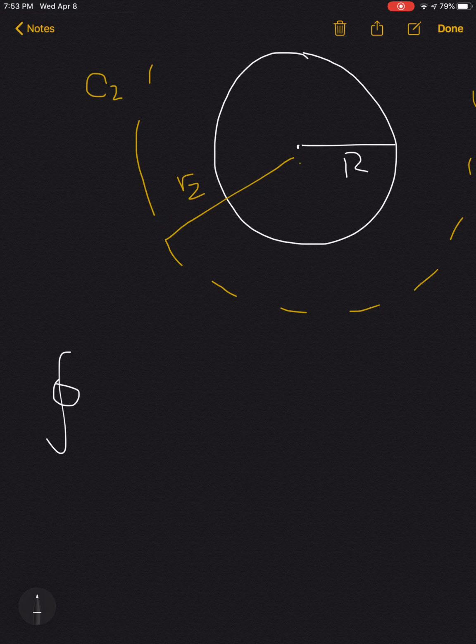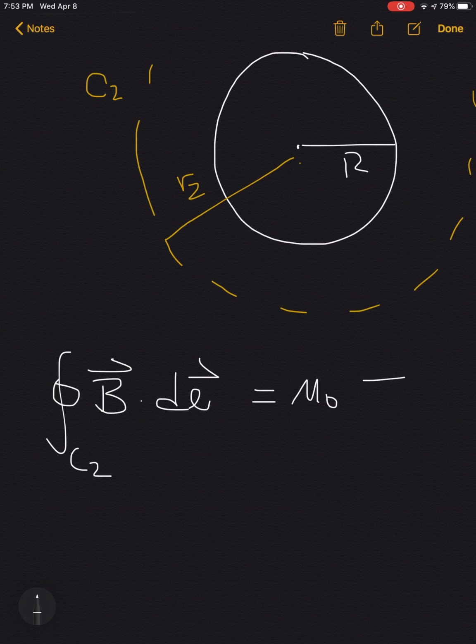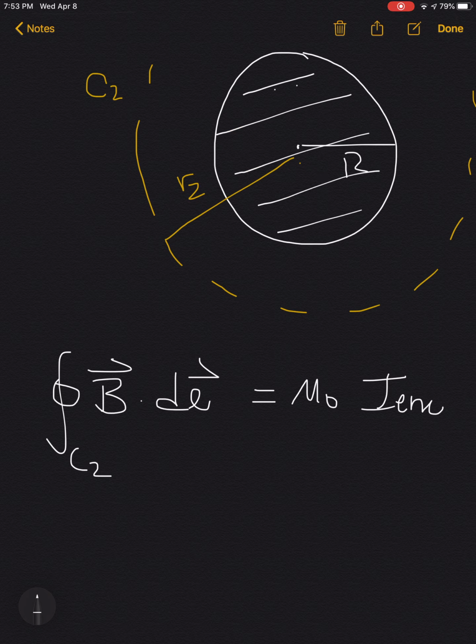So the integral of B dot dl over C2 is equal to mu naught I enclosed. Again, we're going to have to figure out what I enclosed is. It's going to be the total charge this time that's enclosed by this wire. Before, we only considered the charge enclosed by a subsection of it. Now it's going to be the entire thing because we're dealing with a magnetic field that's outside the wire.